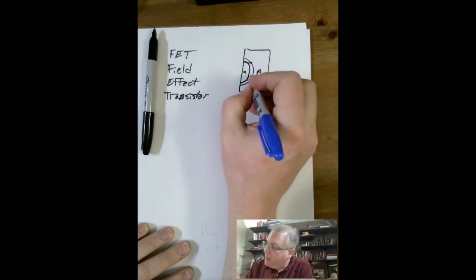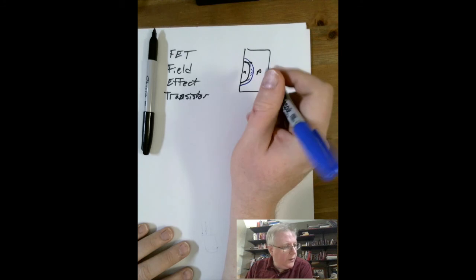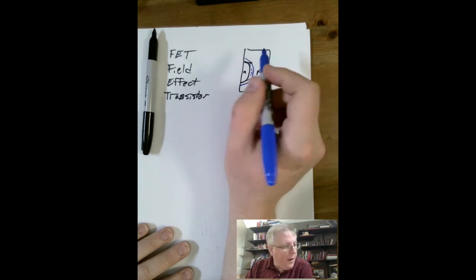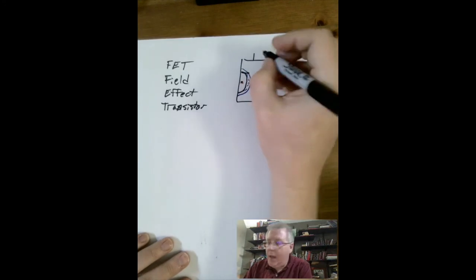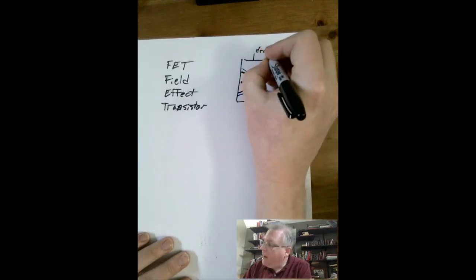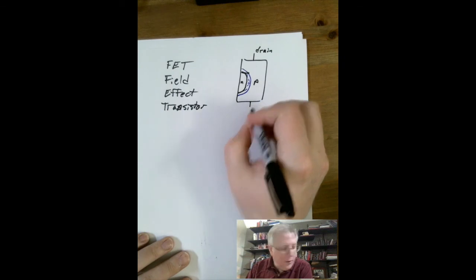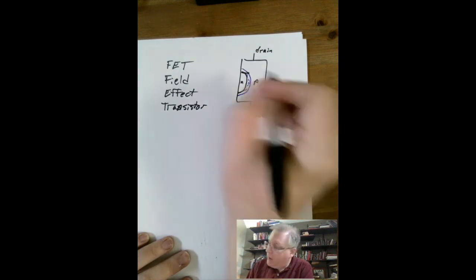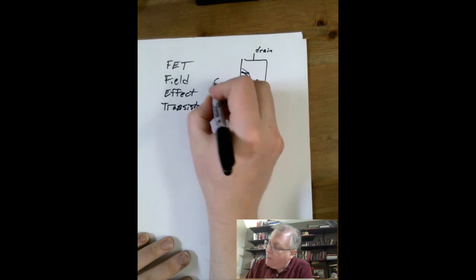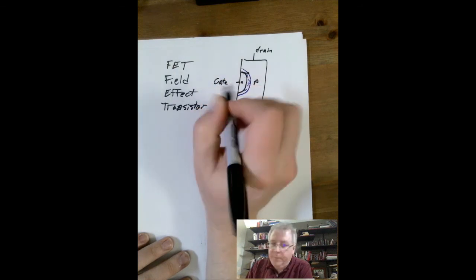So this is my depletion zone. So normally this thing acts as a diode, except now I'm going to put my connections in different places. Now I'm going to put a connection up here, and I'm going to call this the drain, and I'm going to put a connection down here, and I'll call this the source, and I put a connection right here, and I'm going to call this the gate.